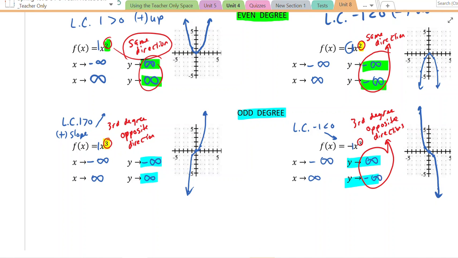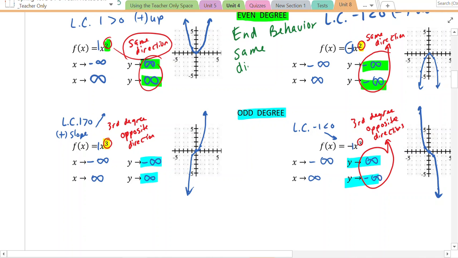So for even functions, the end behavior is that you have the same direction, which means that both are up or down.